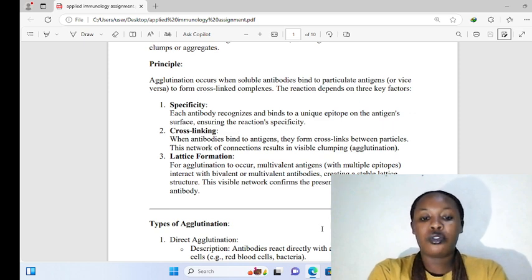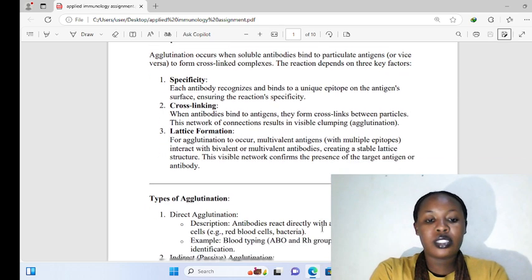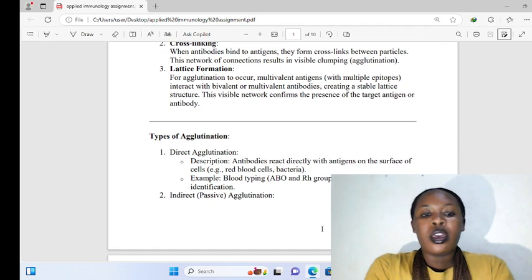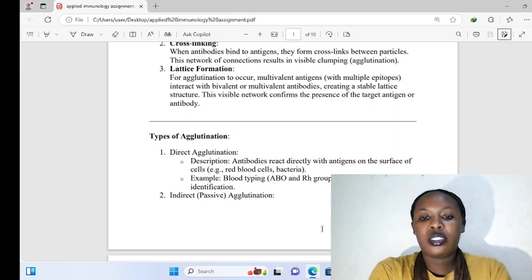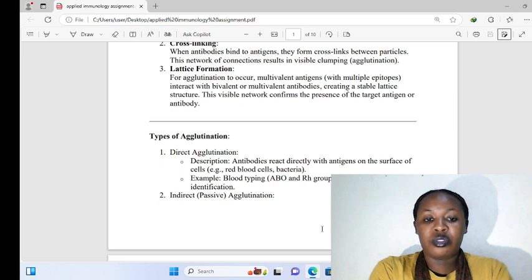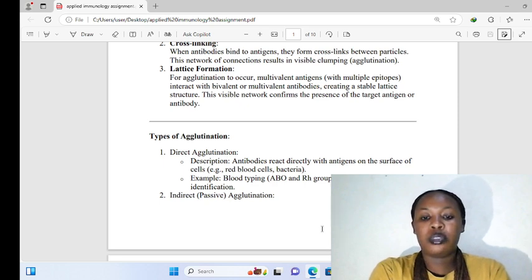This network of connections results in the visible clump that we call agglutination. Lattice formation occurs when a multivalent antigen interacts with a bivalent or multivalent antibody, creating a stable lattice structure. This visible network confirms the presence of the target antigen or target antibody.